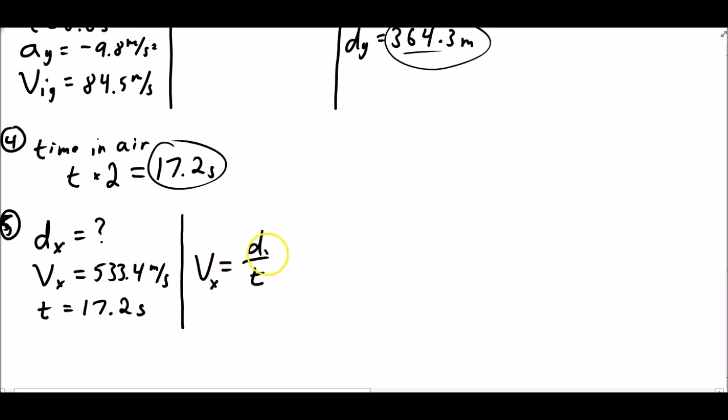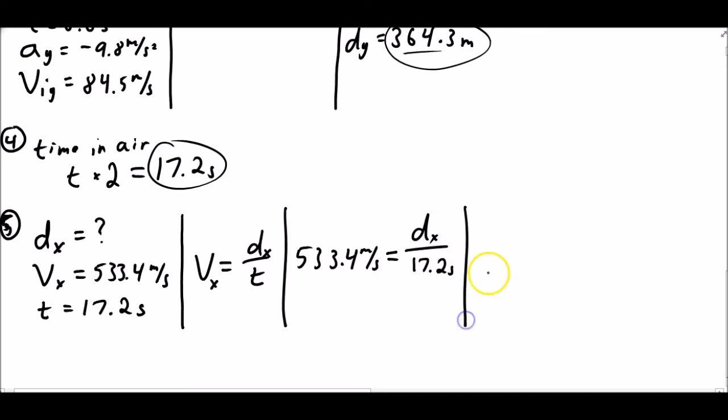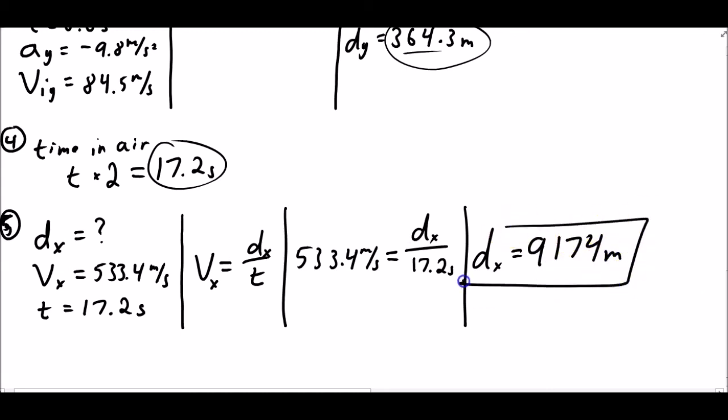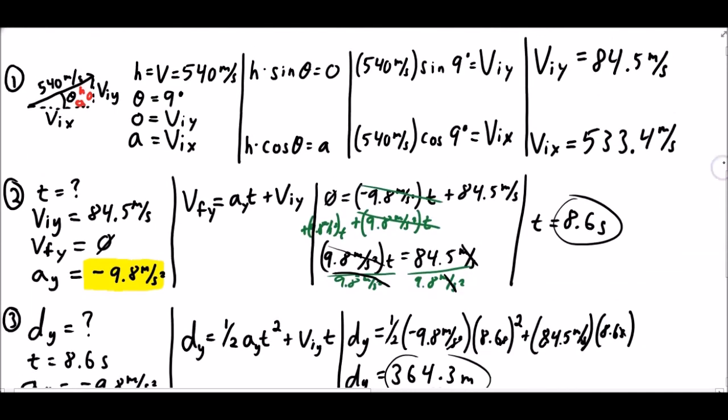And just to make sure, put x's with all the vectors. So vx, 533.4 meters per second is equal to dx, which we don't know, divided by our 17.2 seconds. We solve for dx. And it went 9,174 meters.